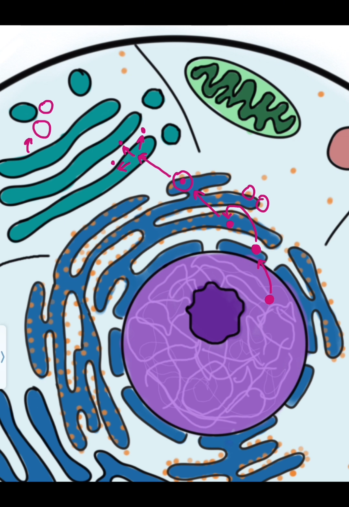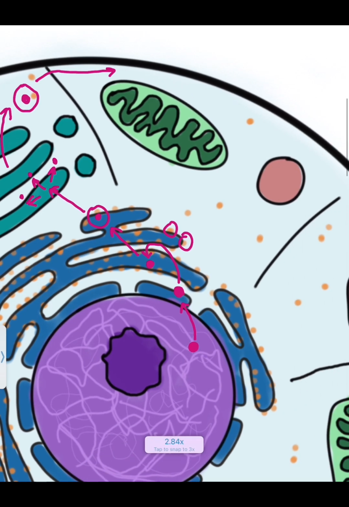And that takes us on to step 4, which is exocytosis at the cell membrane. So once we have our secretory vesicle containing our insulin, we're going to travel along the cytoskeleton until the cell receives a signal.